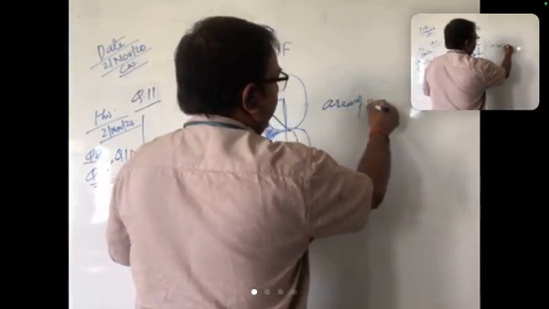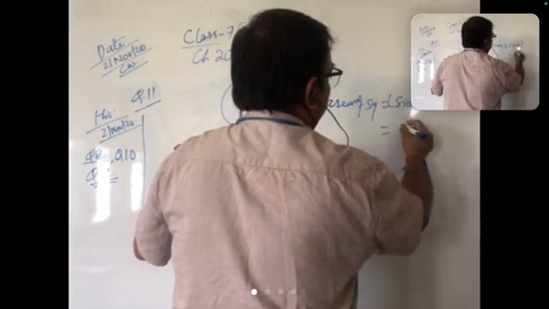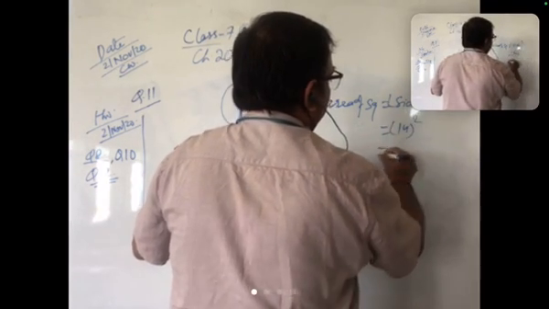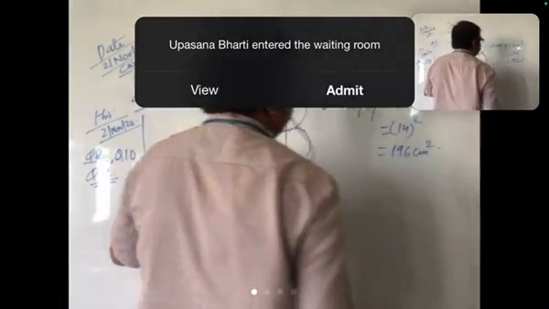Area of square is equal to side square, which is equal to 14 square. 14 square is equal to 196 centimeter square.